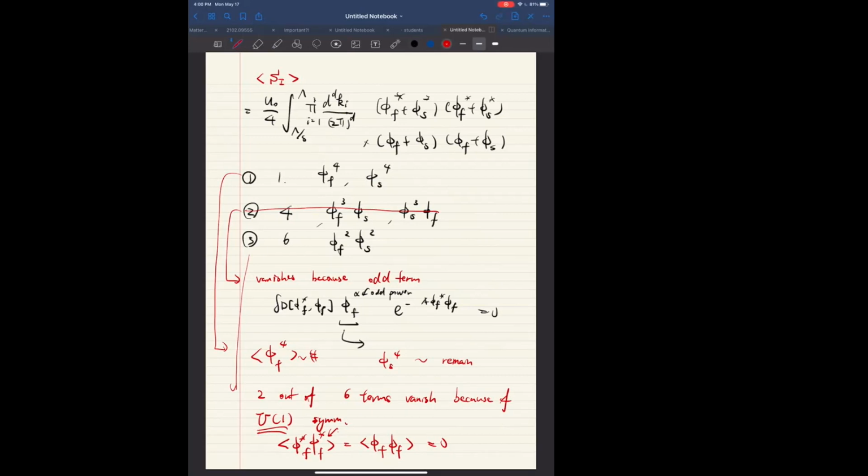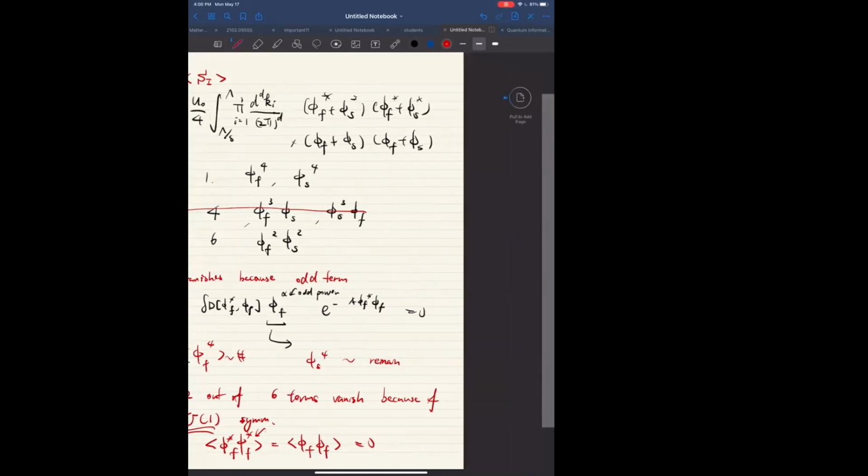And then mathematically, it can be understood from this kind of path integral formalism. If you have something like z bar, so this will be z or z bar or z squared, and then doing this kind of Gaussian integral, right?